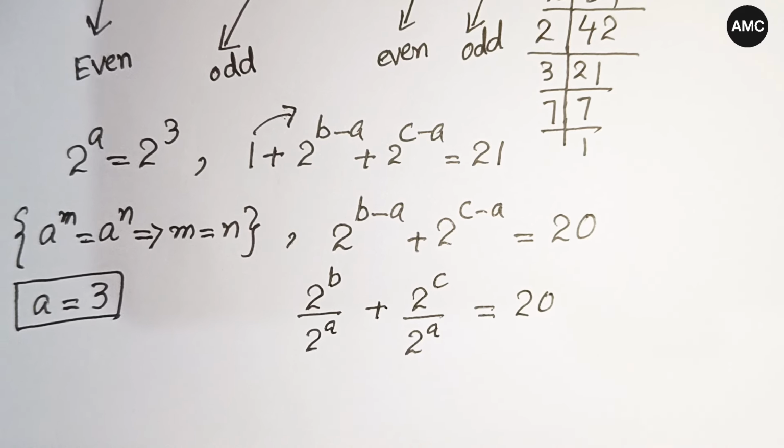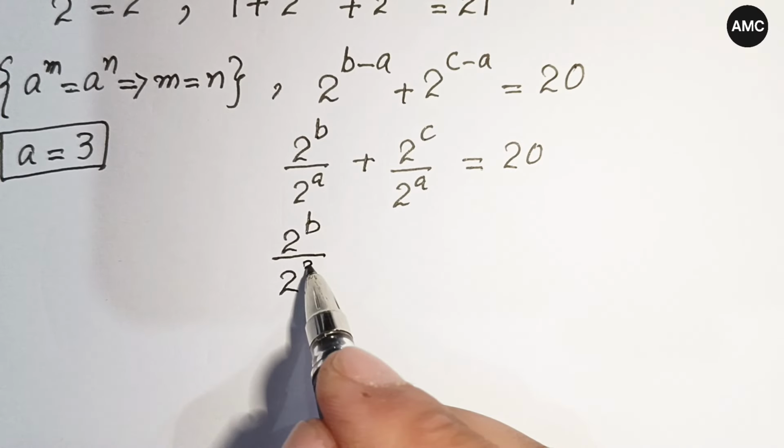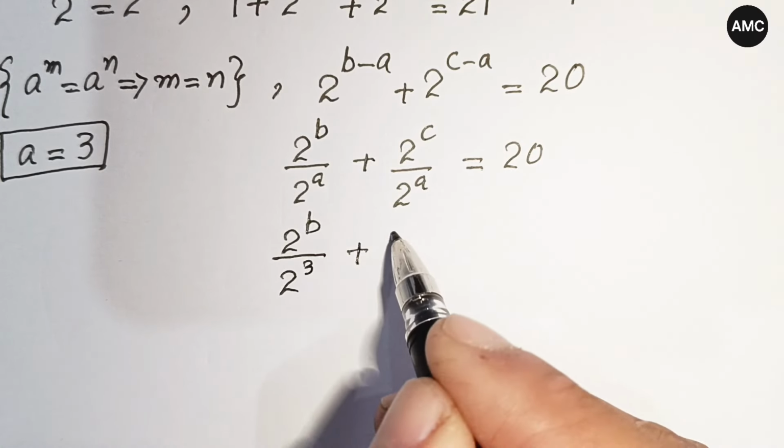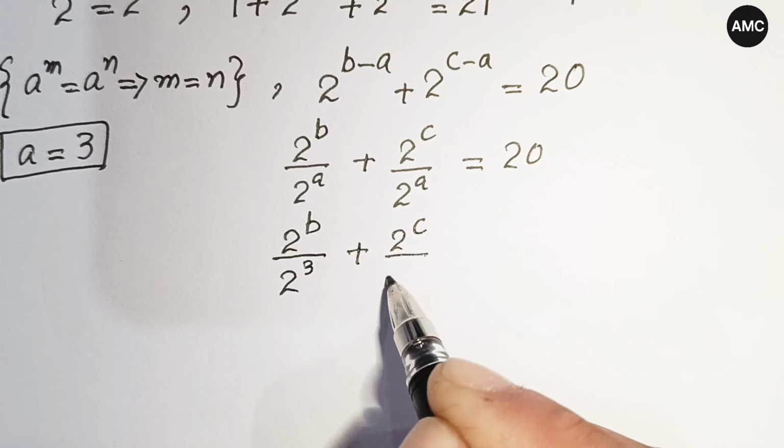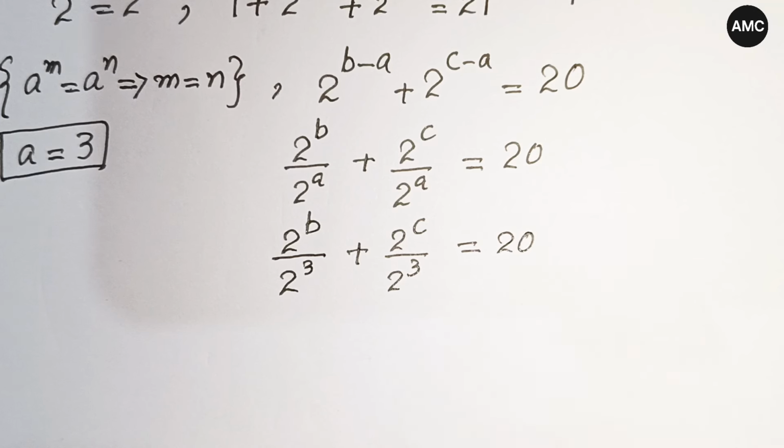But here we see that a is equal to 3. So putting this value of a here, it will be 2^b over 2 cubed plus 2^c over 2 cubed is equal to 20.